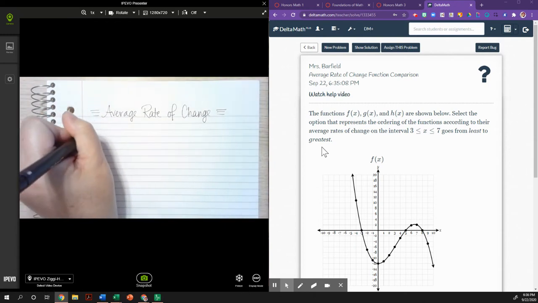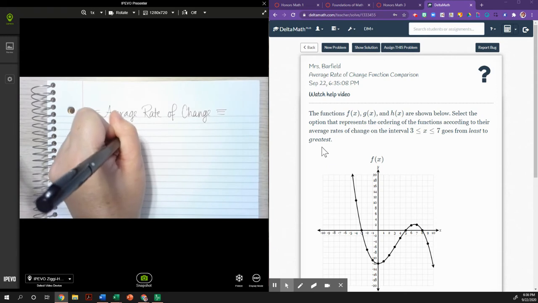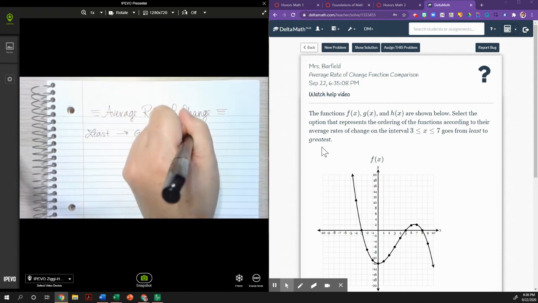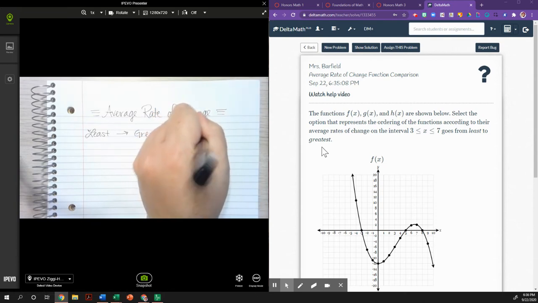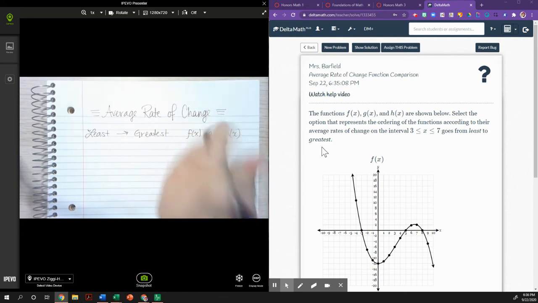So I want to put f of x, g of x, and h of x in some kind of order, specifically by their average rate of change.